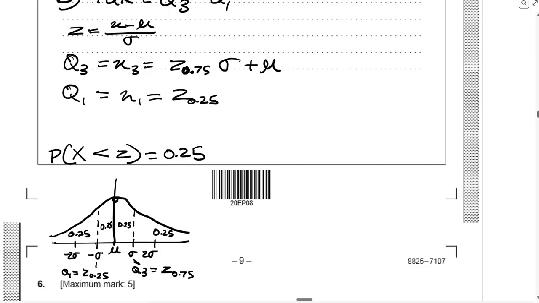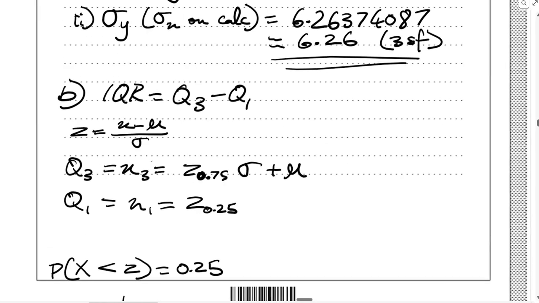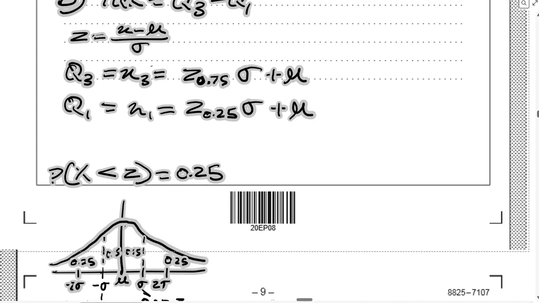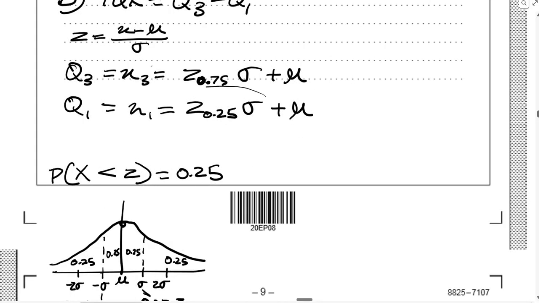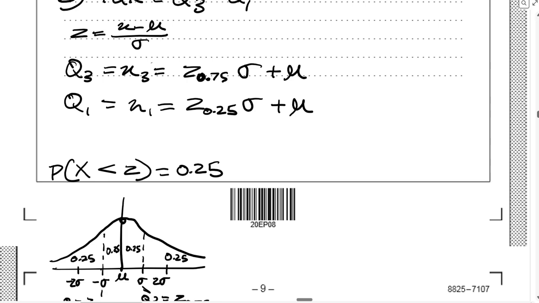Okay. And so we can do this, right? So essentially, where's our graph? What we're doing is adding this to our mean to get x. And an important equivalency we need to know is z 0.25 is equal to negative z 0.75, right?